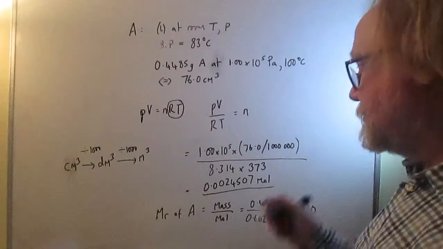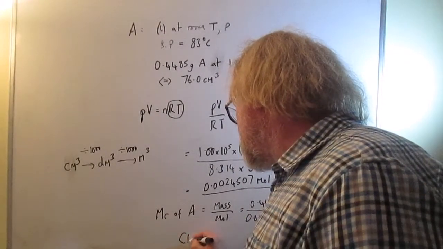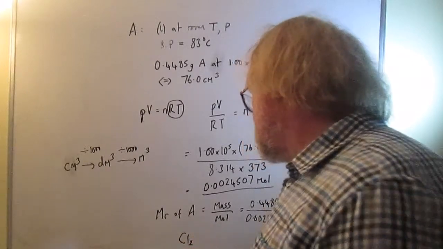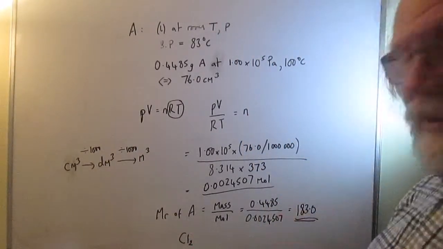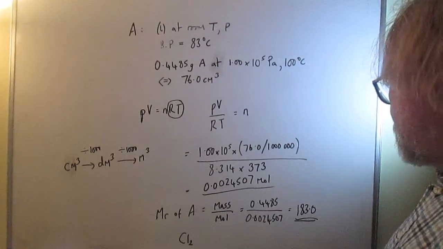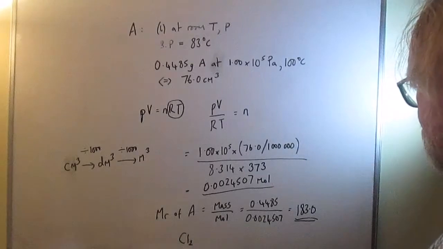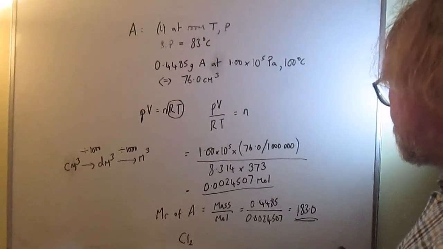So we know straight away it's got to be 2 or 4 chlorines or whatever. So let's go with 2 and see if that works. That will add up to 2 lots of 35.5, which is 71. If you take 71 away from 183, you get 112.